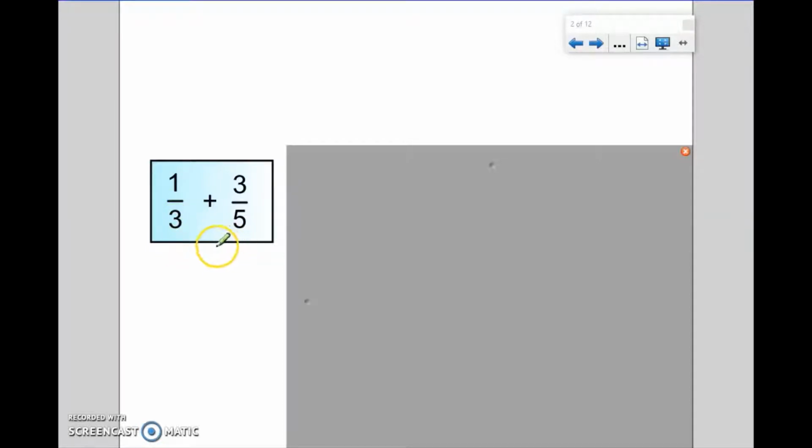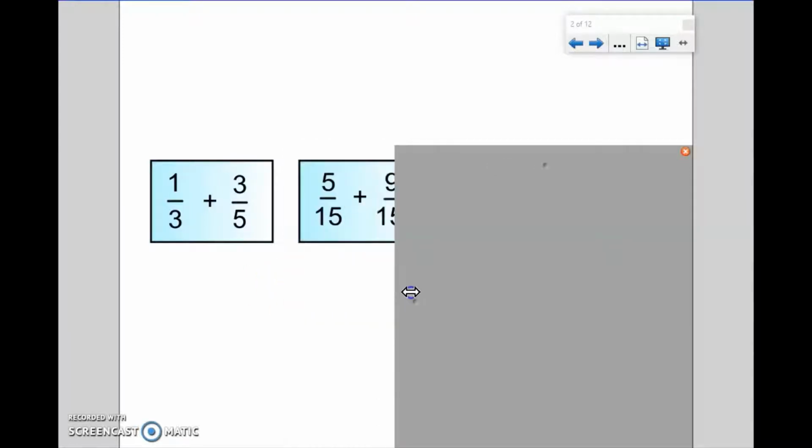A number that is divisible by 3 and 5 would be 15. I could have used 30, I could have used 45, I could have used 600, but we usually use the lowest number possible just to make our calculation that little bit easier. And it also means we don't need to simplify too much at the end of our question.